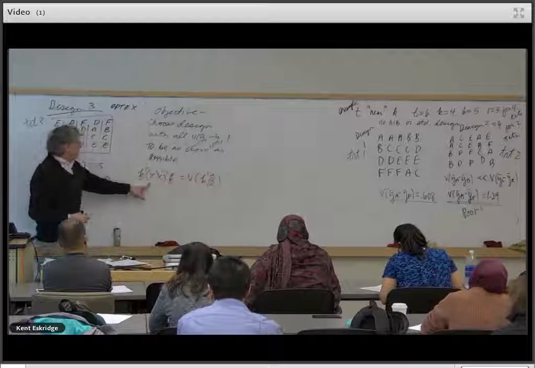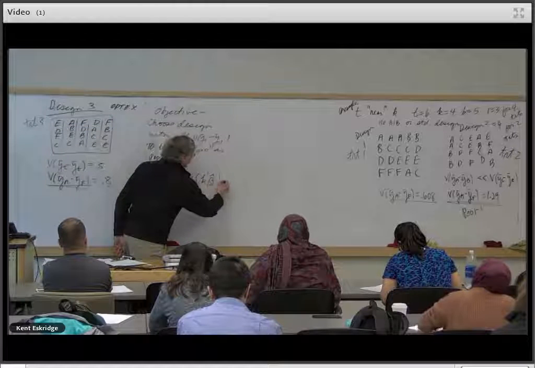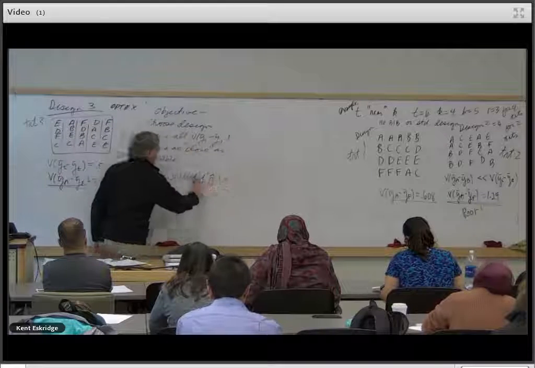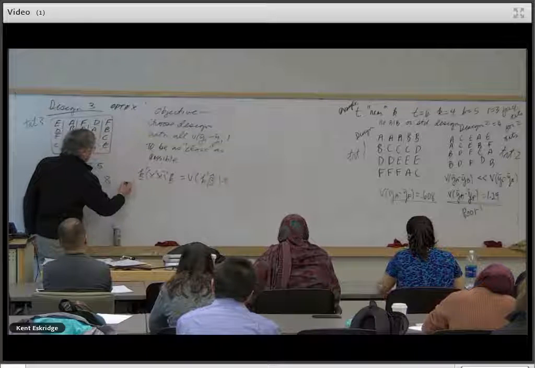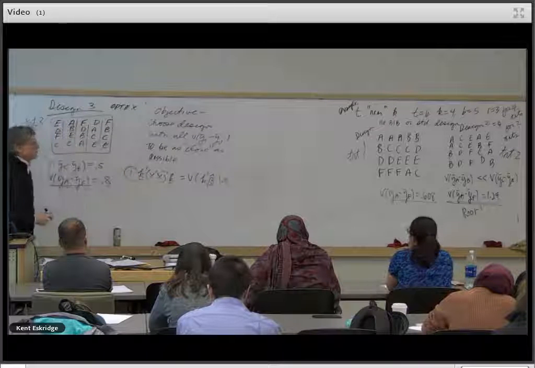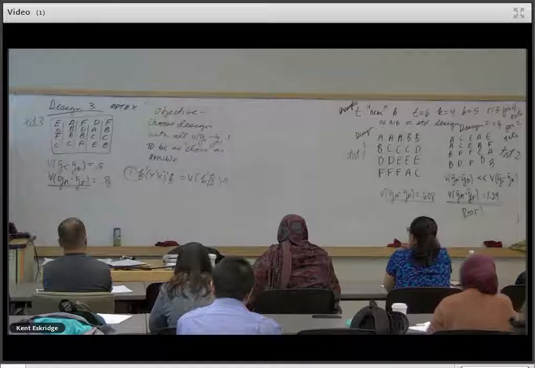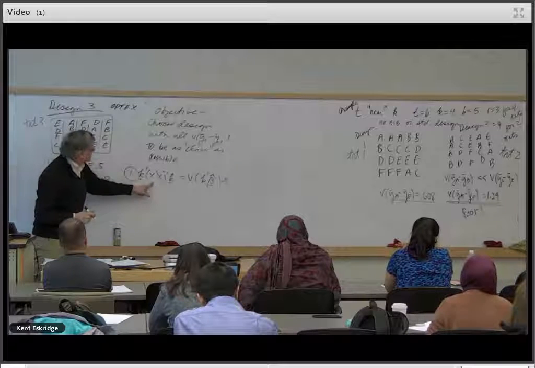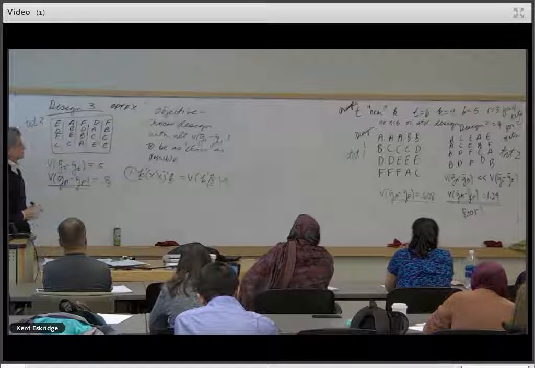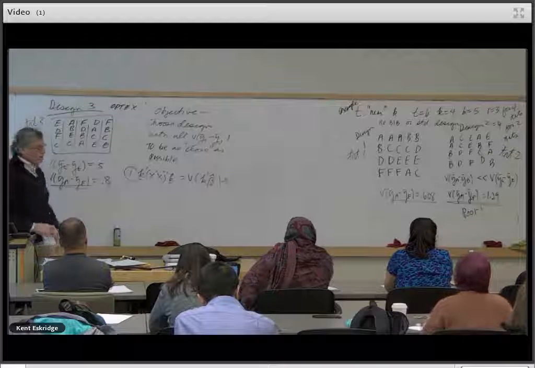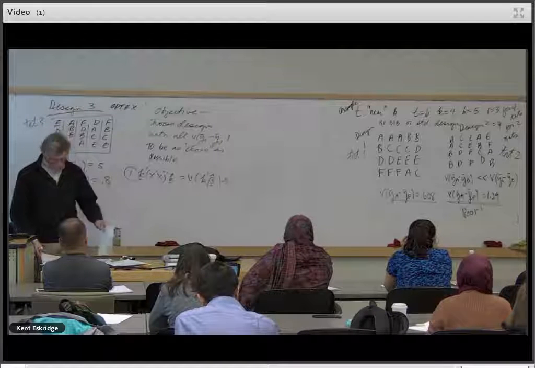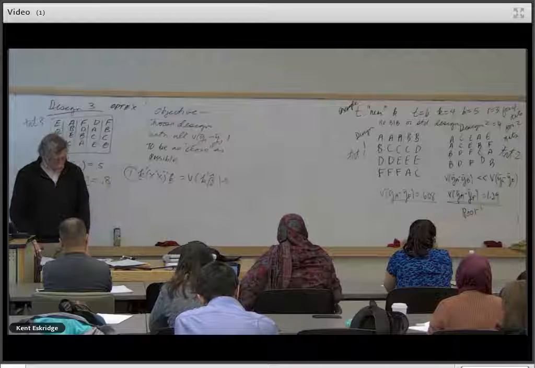But I don't have the variance. Here sigma squared is equal to 1, because I don't know what the true variance is, because I haven't estimated it. But what I can do is choose my x's in order to make those as small as possible. And that's what design is. So questions on this?